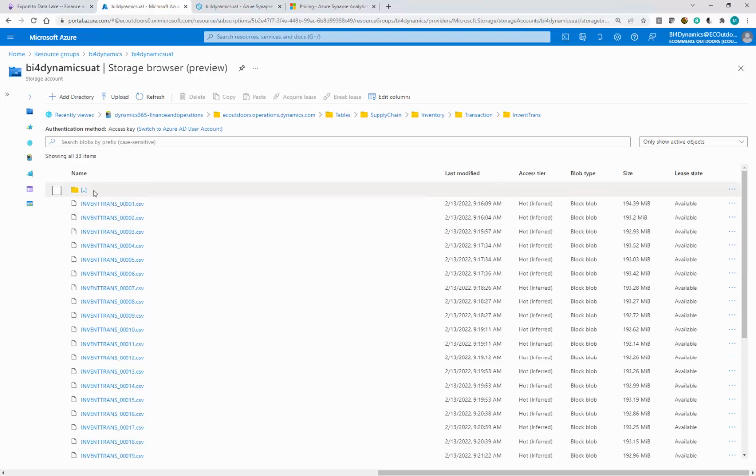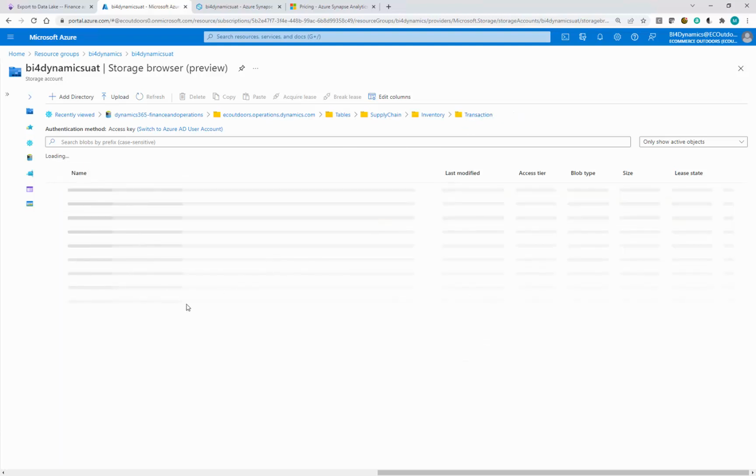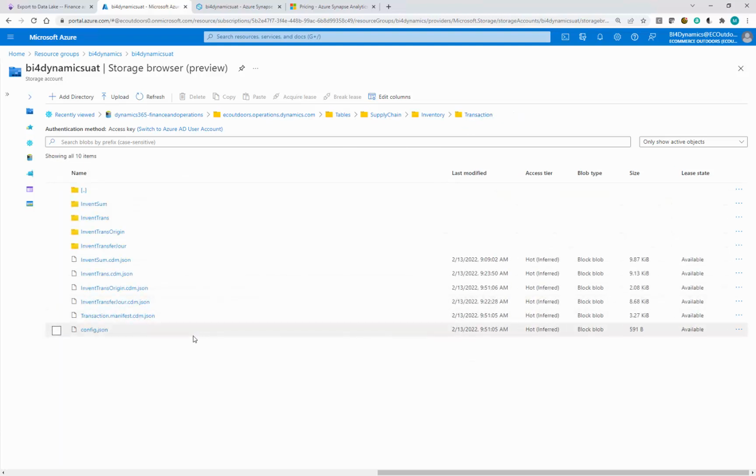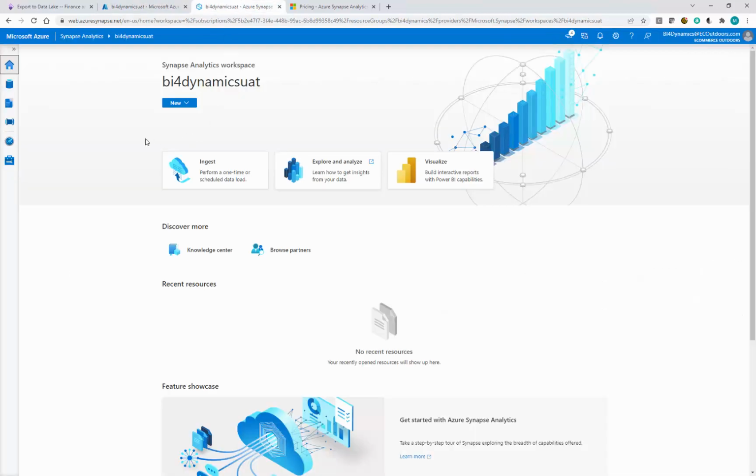The tables that contain data are the CSVs, and the tables that contain schema are JSON files. So in order to do some schema transformation, we have to do the transformation based on the JSON files here. Azure Synapse is the engine that does a lot, and it's going to be the future of analytics.